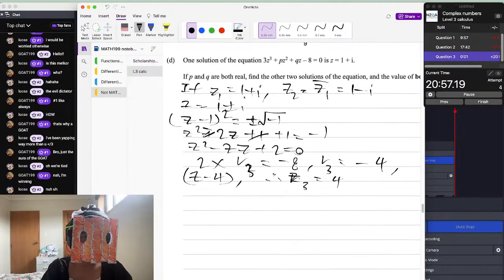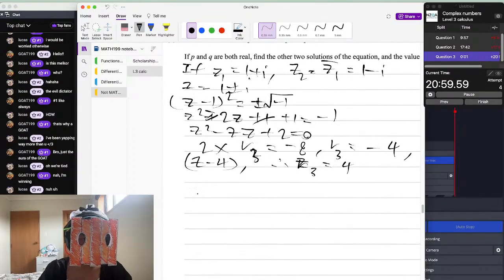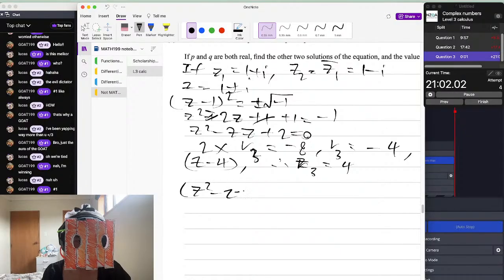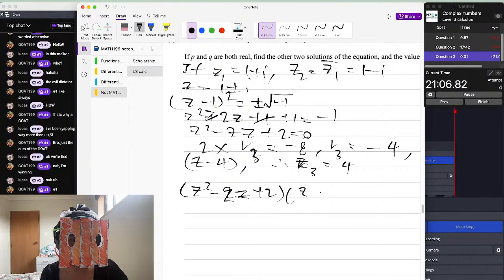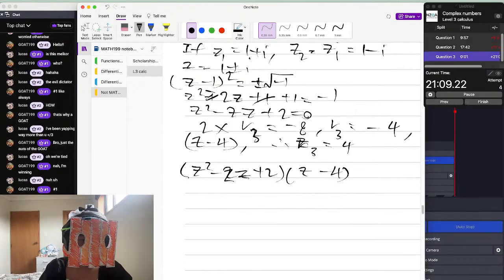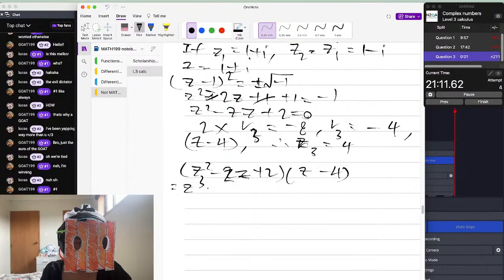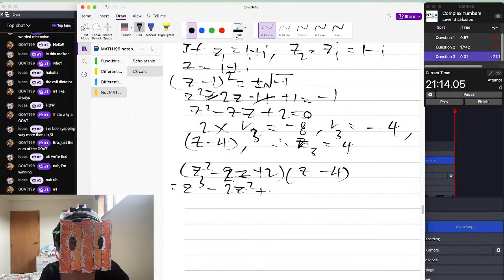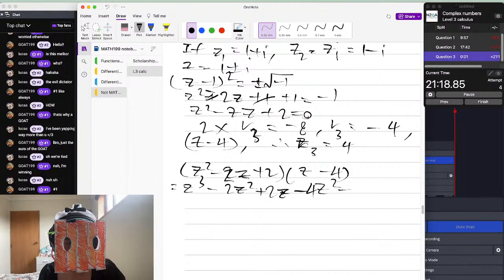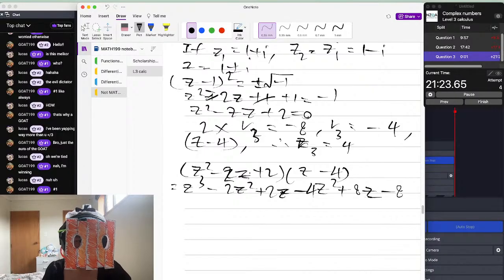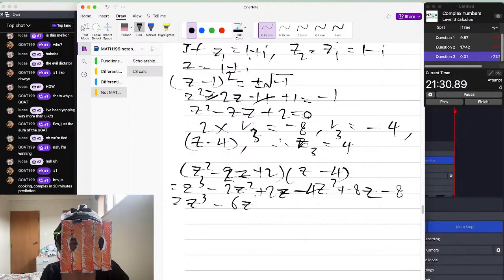Calculate the value of both solutions, and z squared minus 2z plus 2 times z minus 4 equals z cubed minus 2z squared plus 2z minus 4z squared plus az minus 8. Apologies if my writing is really bad.